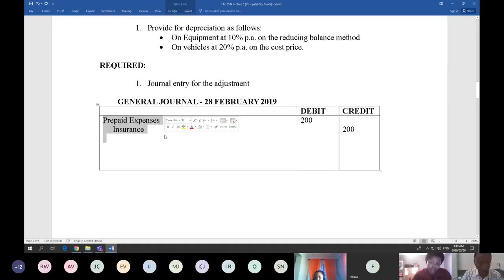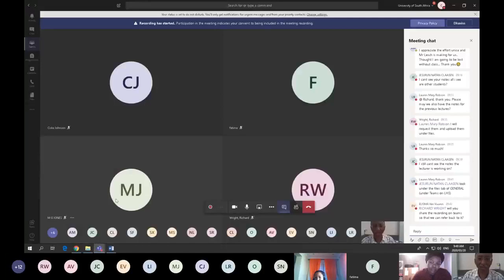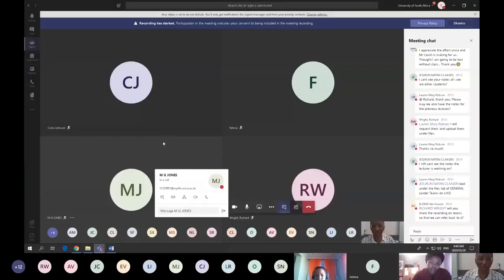I'm on to C now. How are we going to record the information of C into our general journal? We're speaking about a loan here, and we haven't paid the interest on this loan as yet. Because we haven't paid it, we must record the interest on the loan.